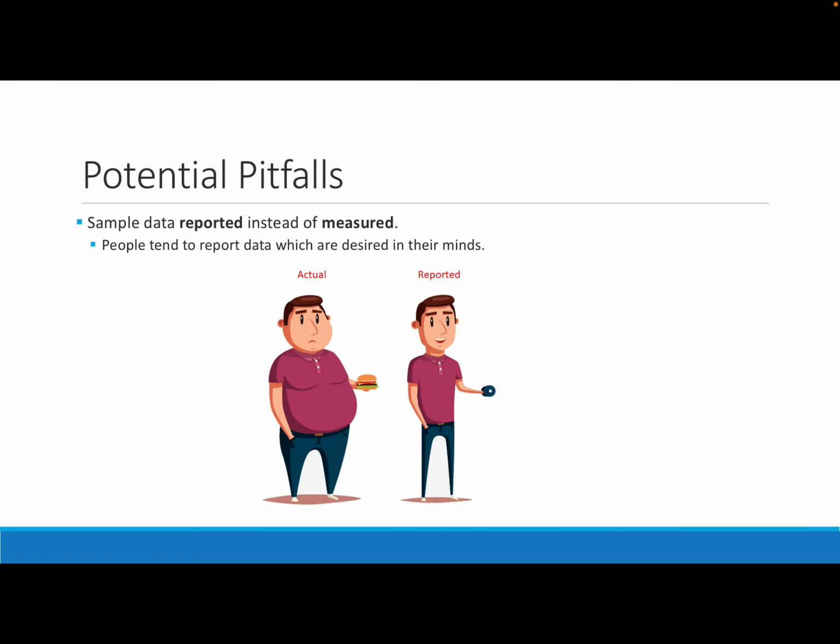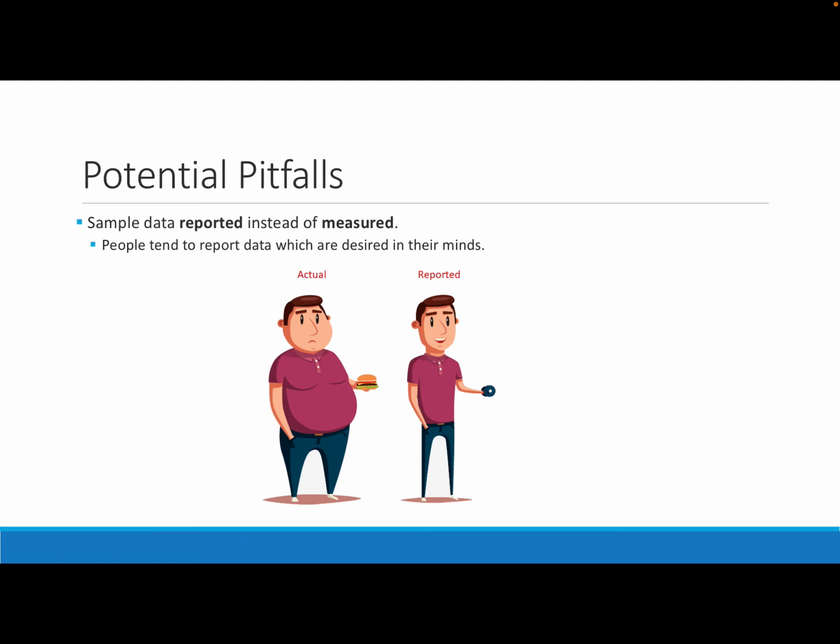Another one is sometimes people tend to report the data in a wrong way, in their desired way. So if possible, you should measure instead of just writing down the number from the respondent. For example, if you are overweight, and your weight is higher than it should be, when you report the weight, maybe you want to reduce this number, and you write it down, and sometimes people write it down by a lot.